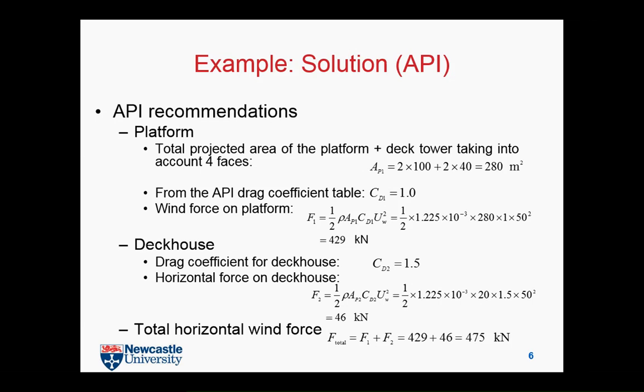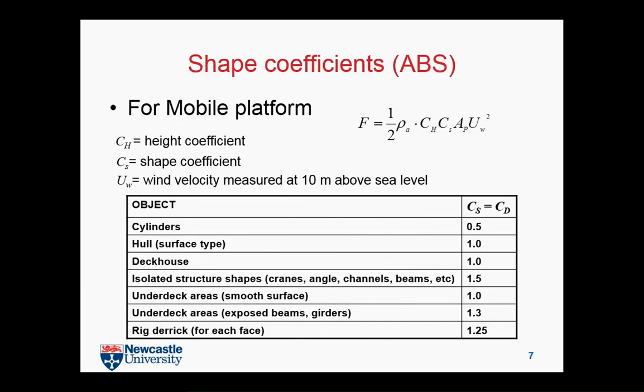When you use the area, it's 20 square meters. It's defined by API, so after you have the equation, just follow that, it's fine. And if you follow another rule from ABS, we need to.